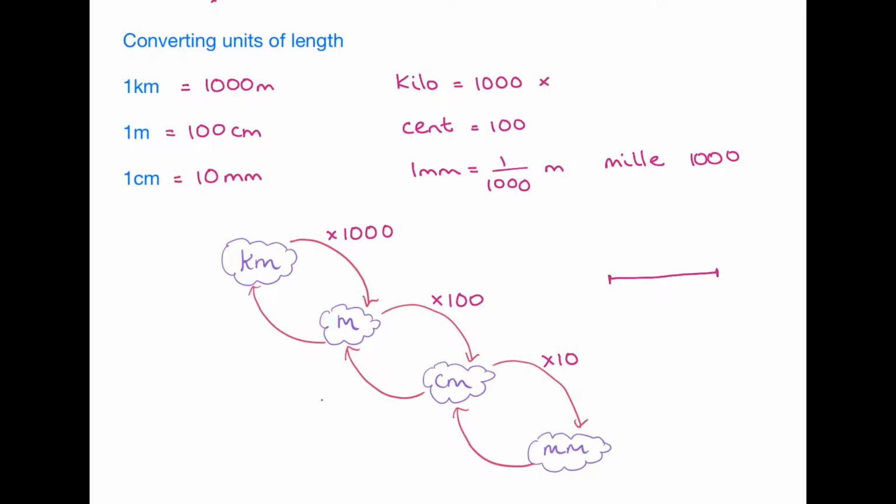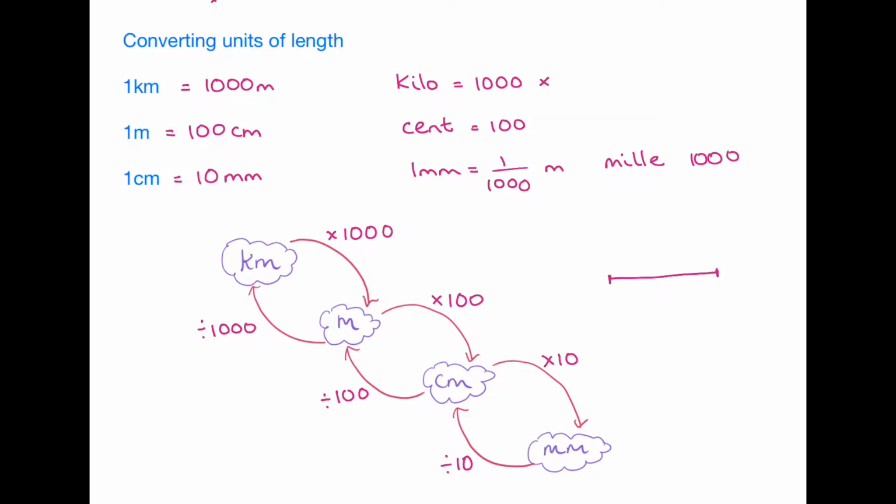Okay, so we're not going to be multiplying this time, we're going to be dividing, and we know that there are 10 millimetres in a centimetre. So it's the same all the way up here, we're going to be dividing. So to change centimetres to metres, there are 100 centimetres in a metre, so you must have to divide by 100 here. And then metres to kilometres, we're going to divide by 1,000 for that one.